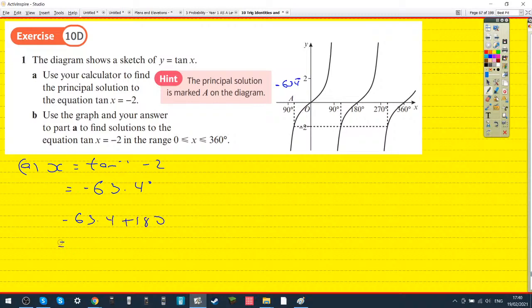What is that? 116.6 degrees. And we have an additional solution between 0 and 360.